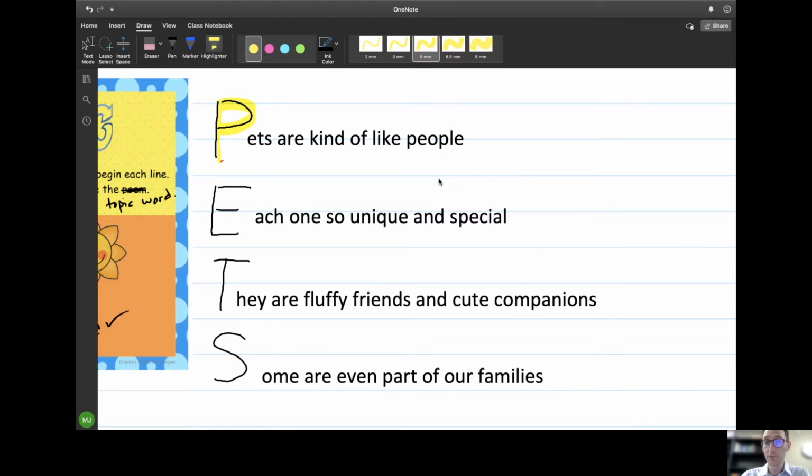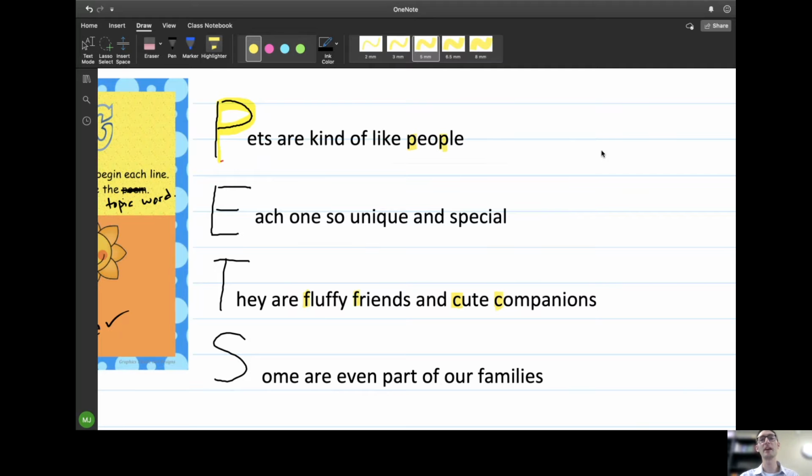So if you look over here, one of the devices that makes this interesting and memorable is the use of something called alliteration. Alliteration is when you have a letter that is repeated in a phrase. Usually it's at the very beginning. So at the first line, pets are kind of like people, you've got lots of p happening.